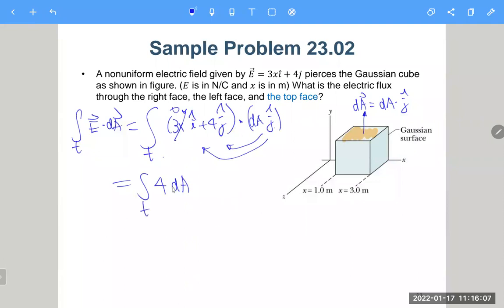So of course, this is a constant. So we have 4 times 2 squared, which is 16 nanometer squared, Newton meter squared per coulomb.